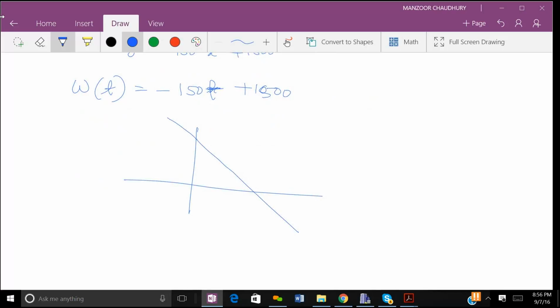The 0 is 1500, minus 10 is down to 0. Actually, it doesn't exist below 0 anyway, so it doesn't matter. So it should not exist before 0 either. Okay? That should do it.